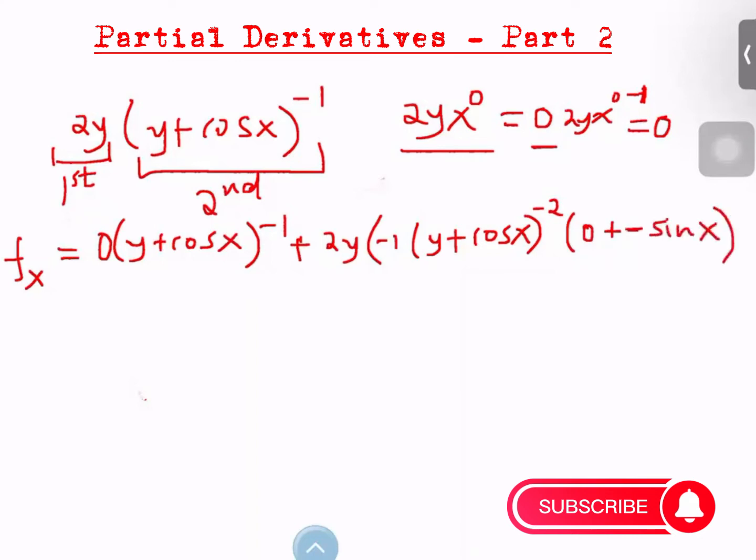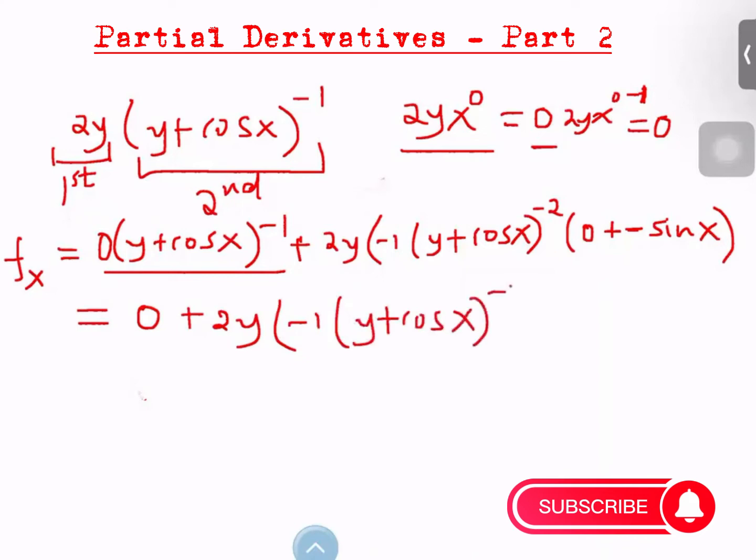If we simplify this, this one becomes a 0 because it's a 0 multiplied by all that. So we get a 0 plus 2y into -1 into y plus cos x power -2, and then we have this minus sine x.